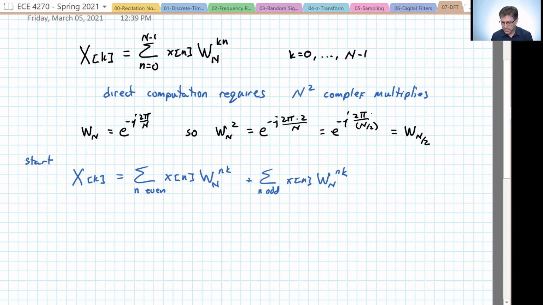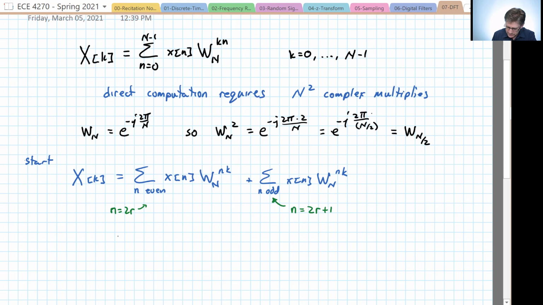We do this. So how do we index this? Well, in two ways. For n even, we can just range over r, where n is equal to 2r. And for n odd, we can say n is equal to 2r plus 1. So that'll give us the odd samples.